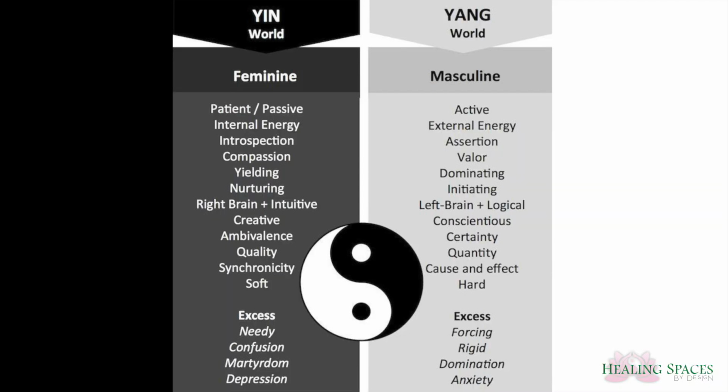The yin energy is a more subtle energy. It's a more flowing energy. It's very flexible. The yang energy, not so much. That is a more structured energy, a more determined energy, I guess for a better word, a little stiffer energy.